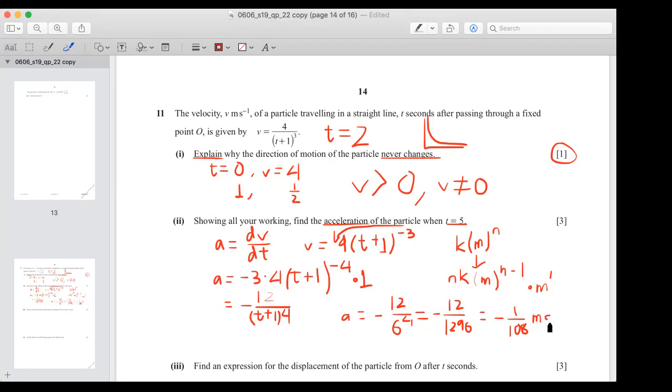I'm just going to put it in this form since they put it like meter per second to the power of negative 2, in negative integers. So I'm also going to put it in negative integers.